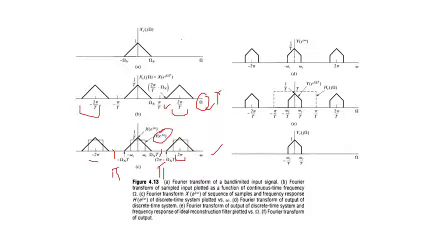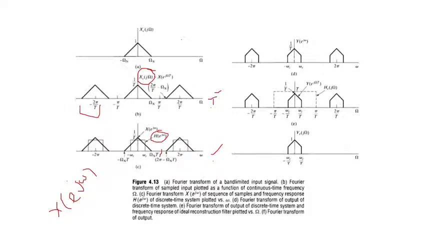And obviously this point was omega N, if we multiply it by T, it becomes omega N T and minus omega N T. So one step is missing here, but you can easily understand that this is continuous. We have to convert into X(e^(j omega)). So for that we have to multiply our Xs by T. So now we have Xs multiplied by T, we can apply this filter, and this is a discrete time filter.